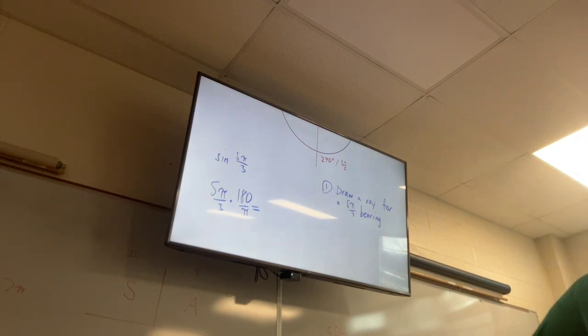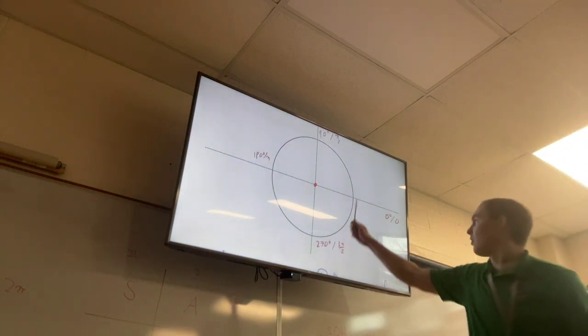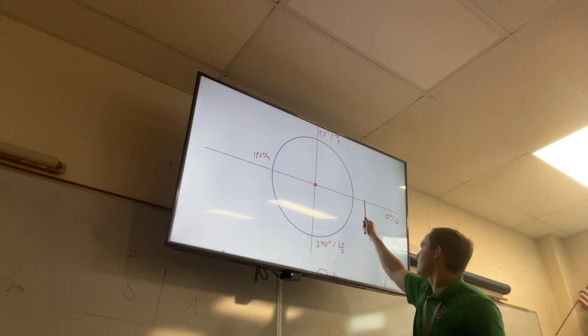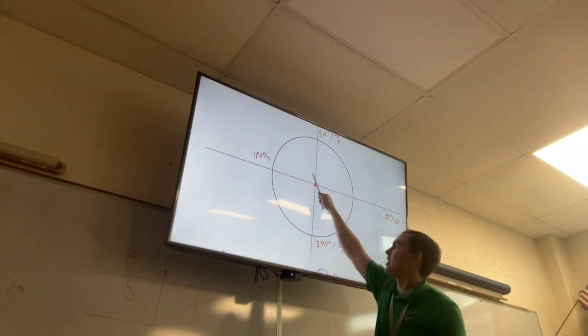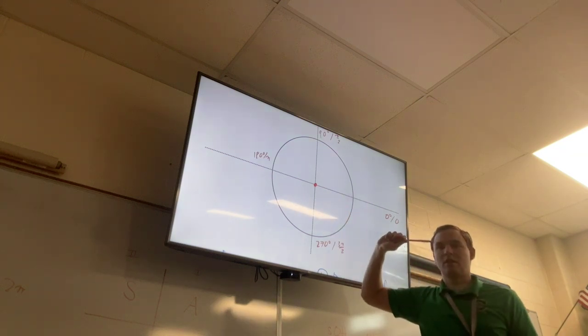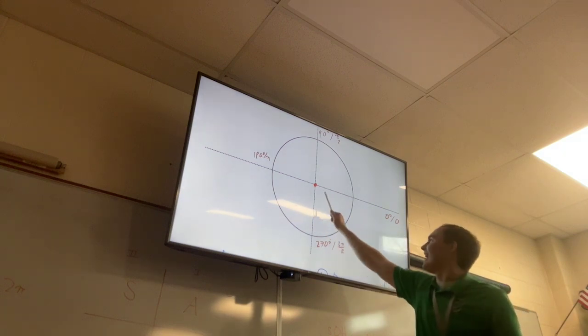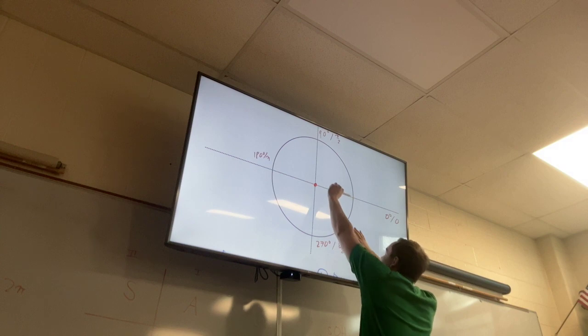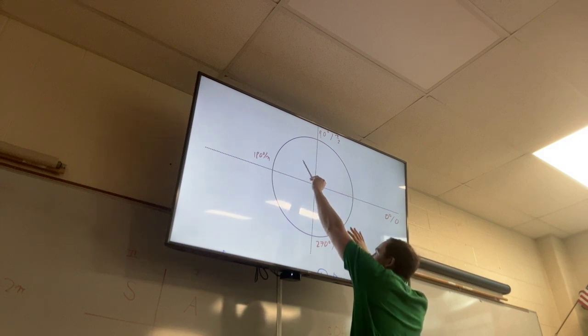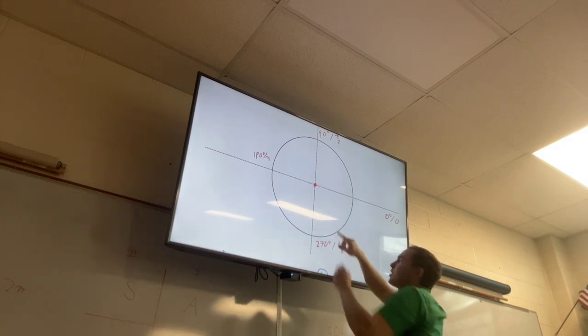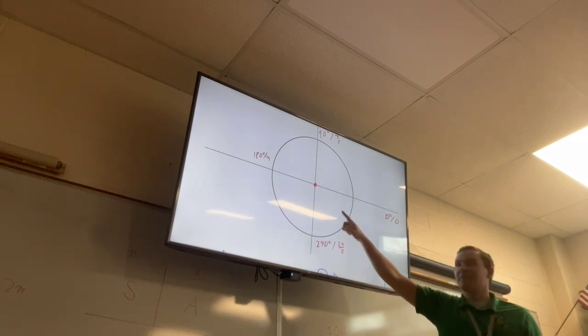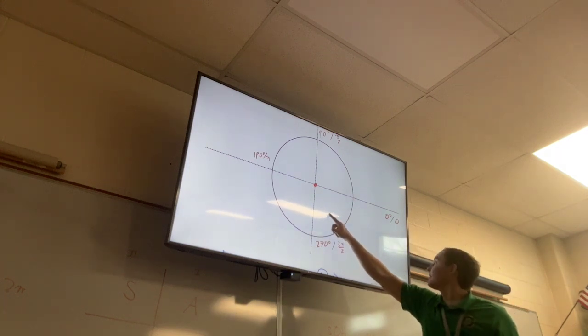It's going to be a 300-degree angle. Where do I draw a ray for a 300-degree angle? If I start at 0 degrees and I go around 300, which quadrant am I going to be in? Yeah, exactly. I'm going to be in the 4th quadrant.